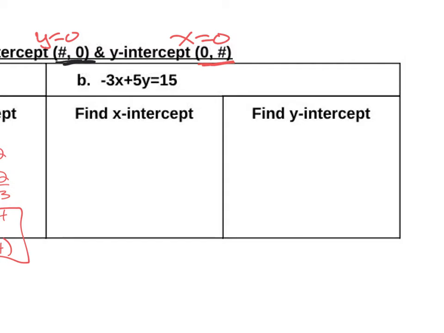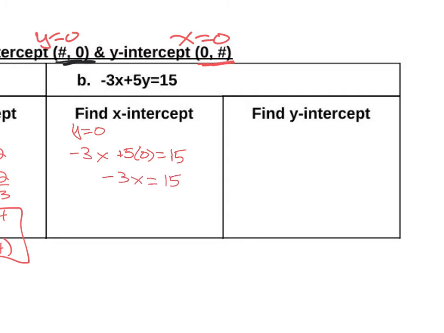So we just got to remember, as we look at example B, if we are trying to find the x-intercept, again, this is when your y equals 0. So if we plug in, now we got a negative 3x, so we got to be careful there. And when we do this 5 times 0, we know that that is just 0.